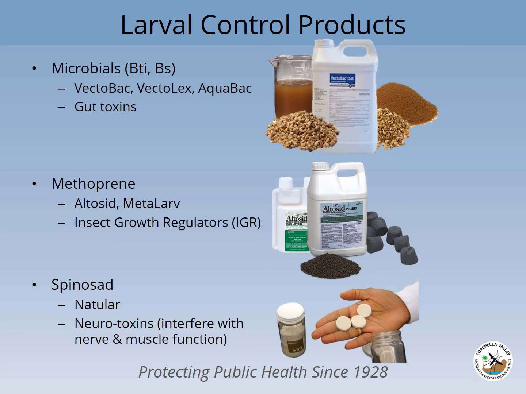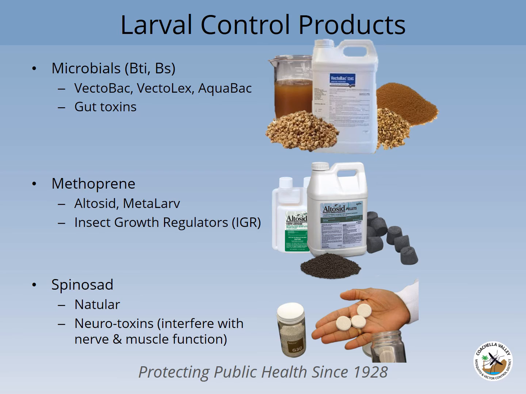So we have our microbials, which includes our BTI and our Bacillus sphaericus products. Those are going to be your Vectobac, Vectolex, Vectomax, those sorts of things. And those are gut toxins. So those are digested by the mosquito larvae, and then the pesticide attacks their midgut and results in mortality that way.